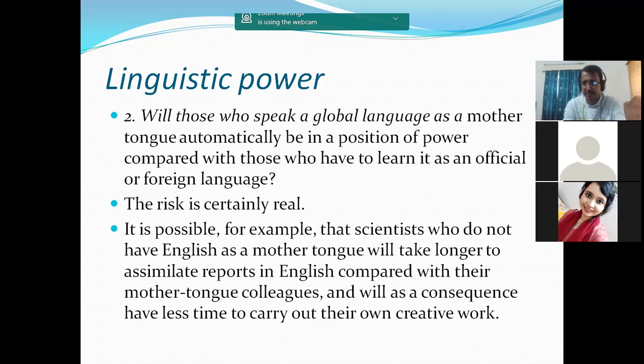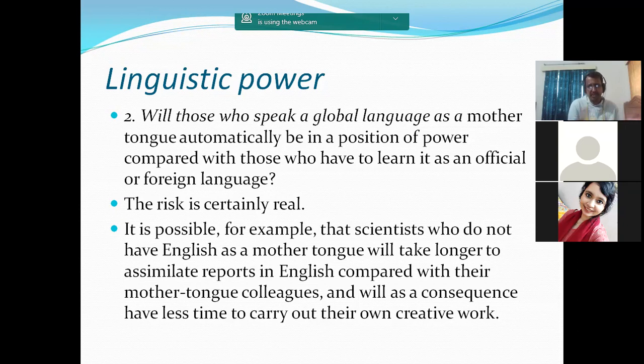The supposition is that the person who speaks English, he or she will be in power, and the risk is certainly real. The supposition is that the person who speaks English will have more power.